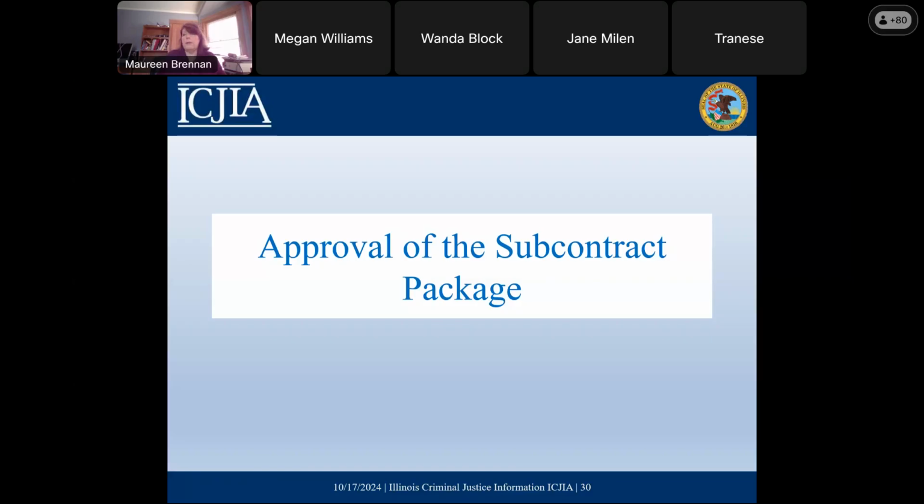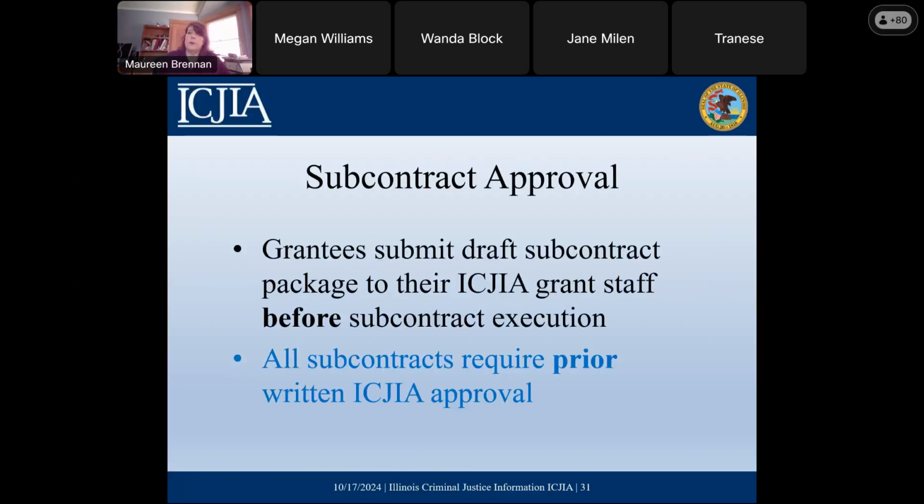Now let's look at the subcontract package. So the process, if you do have a subcontract for us to review, that draft subcontract needs to go to your grant staff member before the subcontract is executed. And all subcontracts require prior written authority approval.